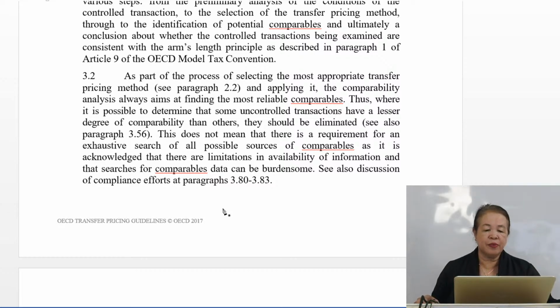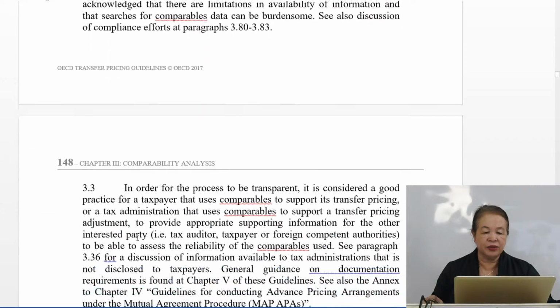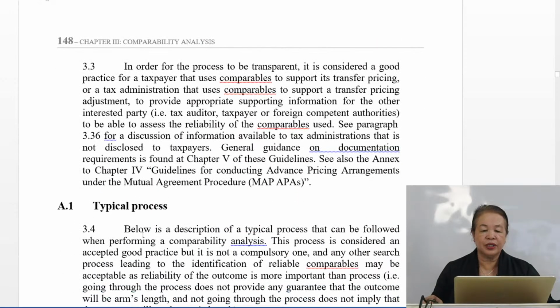So in order for the process to be transparent, it is considered a good practice for a taxpayer that uses comparables to support its transfer pricing, or a tax administration that uses comparables to support a transfer pricing adjustment, no? To provide appropriate supporting information for the other interested party, tax auditor, taxpayer, or foreign competent authorities to be able to assess the reliability of comparables used, no?